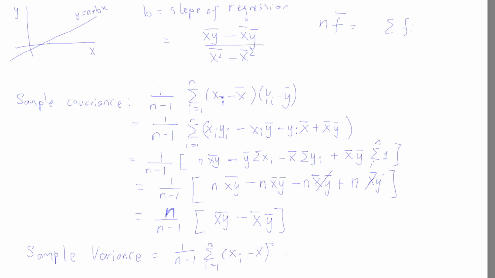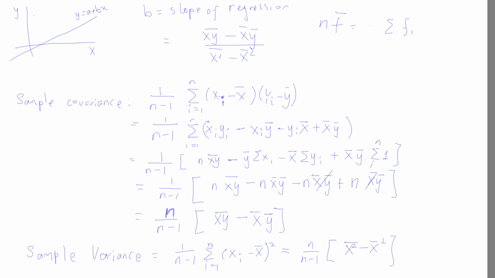Okay, now if you do the same kind of calculation, but on this guy, what you're going to get is n over n minus 1. And hopefully you can guess the answer. It's going to be x squared bar minus x bar squared, which is exactly the denominator, except we have this extra n over n minus 1 factor.